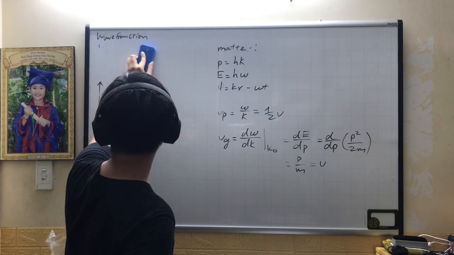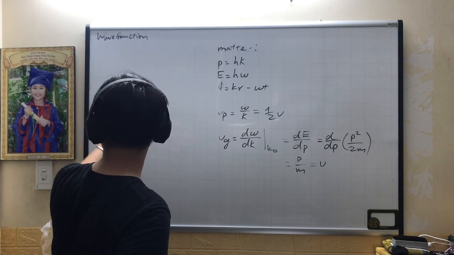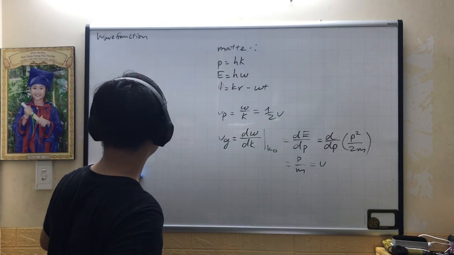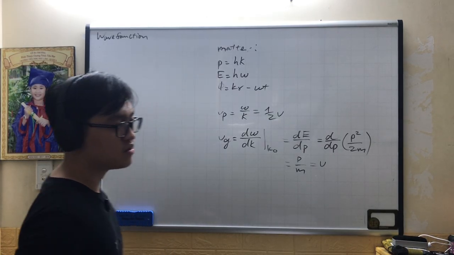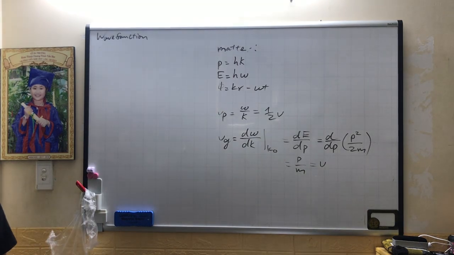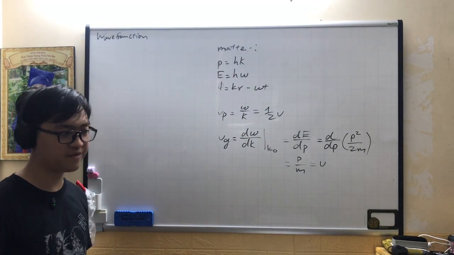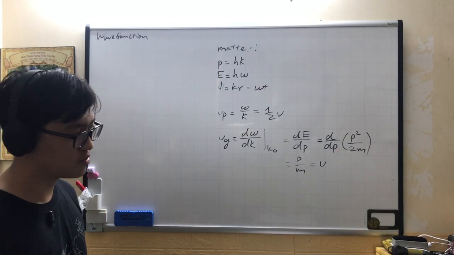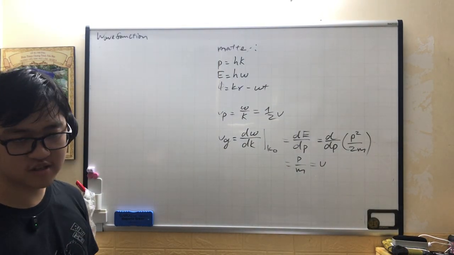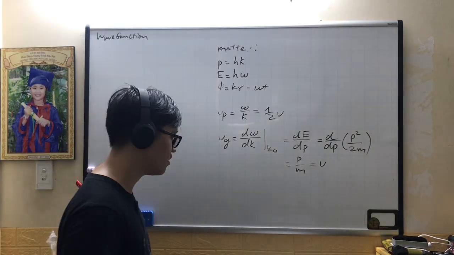Okay, now we're going to talk more about the group velocity. The definition of a group velocity is that this is the velocity of a packet constructed with a superposition of wave functions.